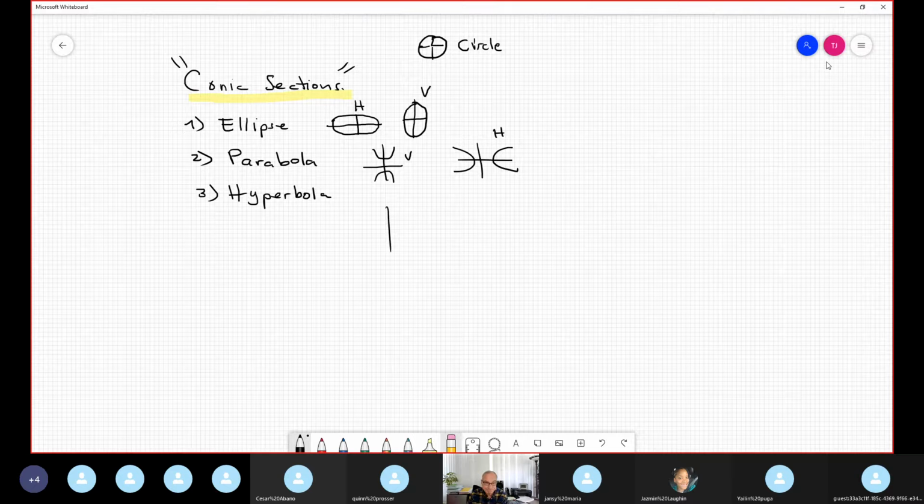Hyperbola contains 2 branches, like that, for example. This is a typical horizontal hyperbola. There's new terminology that we study in every conic section: in the ellipse, the major axis; in the parabola, the axis of symmetry, as you know; but in this case it is the transversal axis.